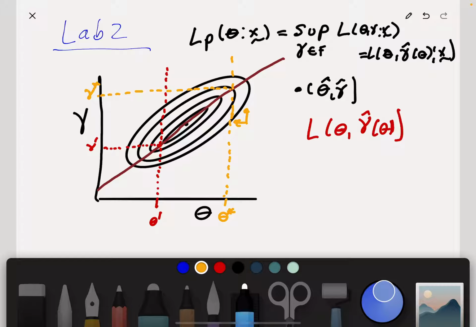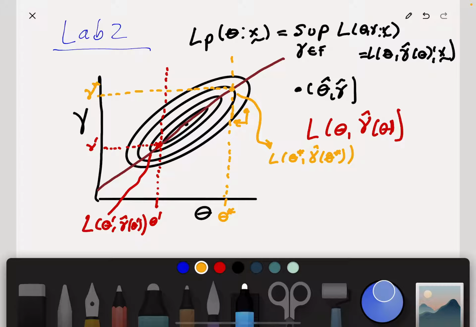So this point here is L of theta prime, gamma hat of theta prime. And this point here is L of theta star, gamma hat of theta star.